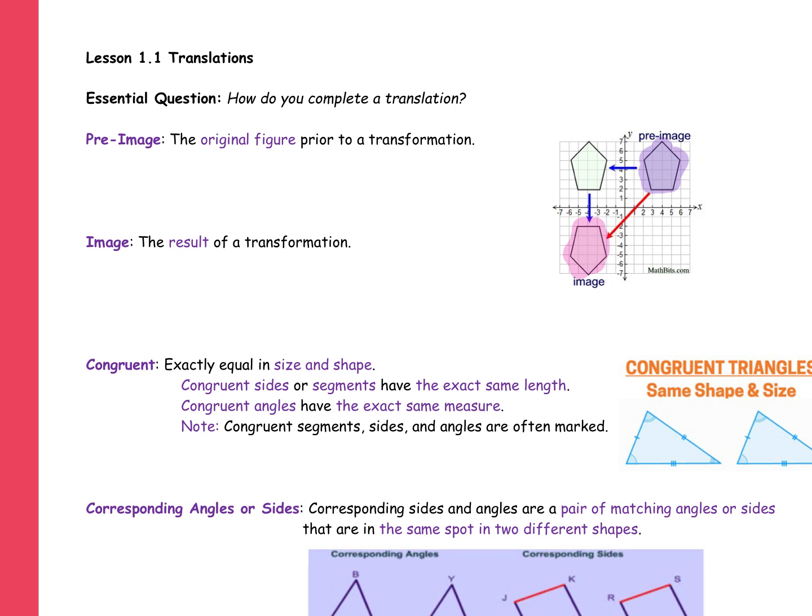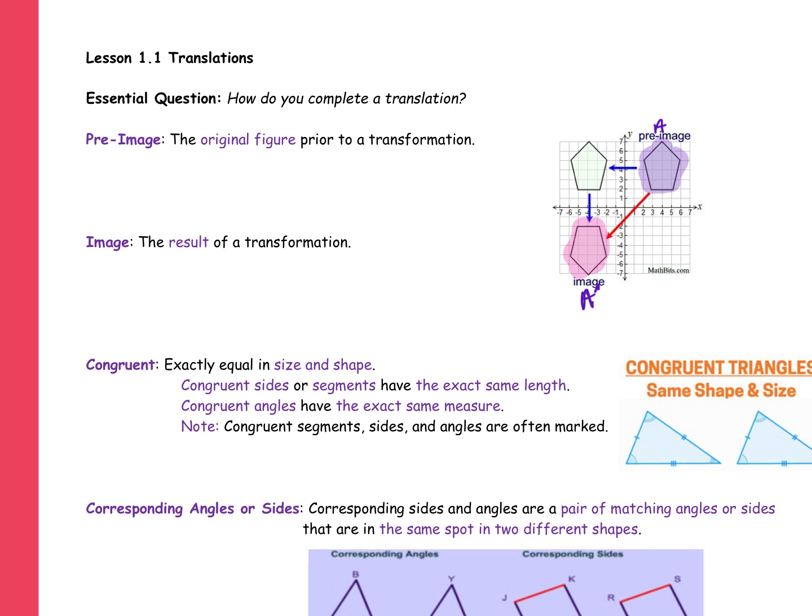And then when they label it, I'm just going to label one corner here. When they label this, this would be A, right, on my pre-image. On my image, it would be called A prime.